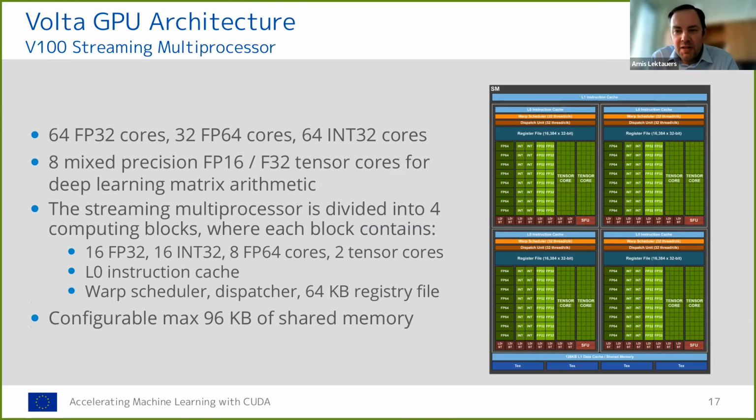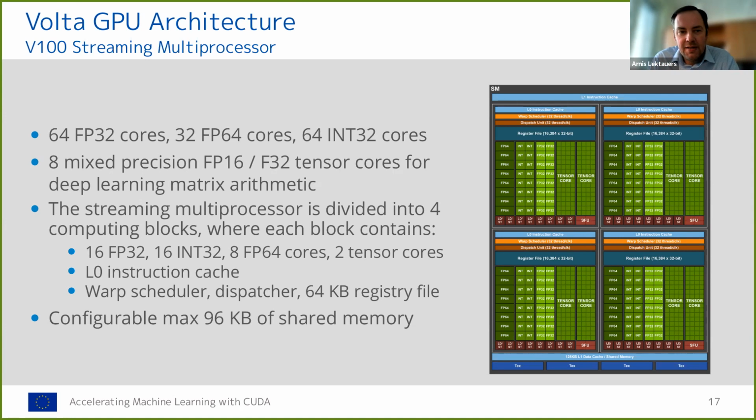Each streaming multiprocessor within the V100 GPU contains 64 cores for single precision processing, 32 cores for double precision floating point numbers, and 64 cores for standard integer number processing.